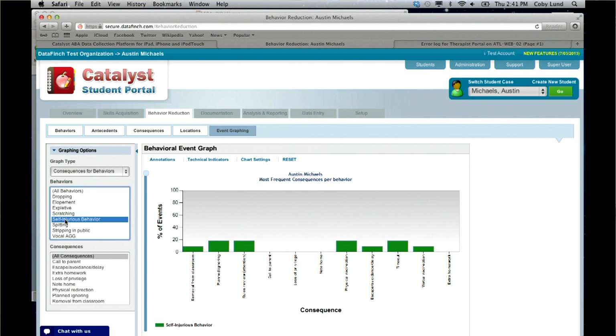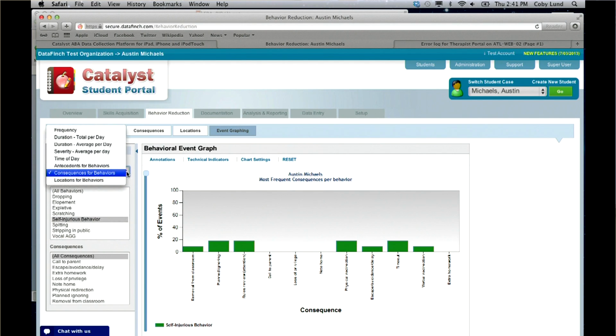You can see that it's roughly 20%. But you see that just as commonly timeout, a rules review, which is basically attention, and planned ignoring, which is basically an opposite consequence, are occurring just as often. So I've got some more information about these behaviors.